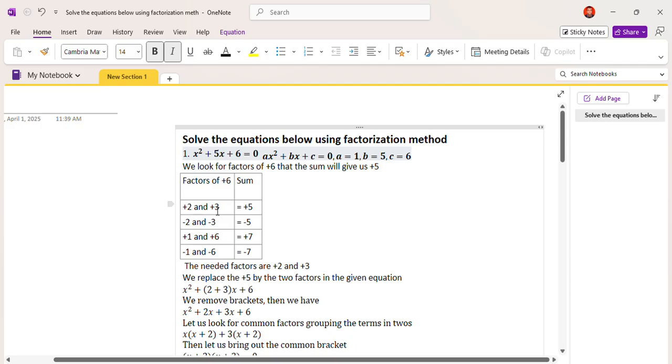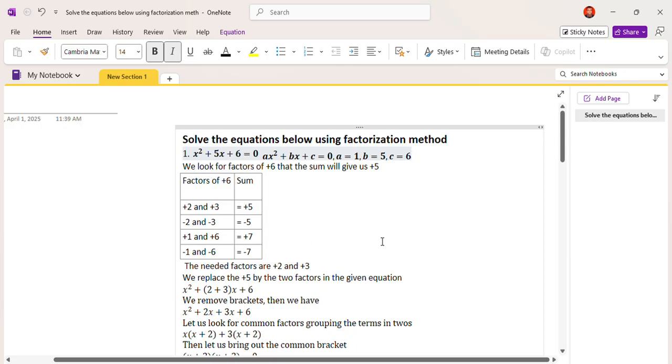We have also plus 1 and plus 6: the product gives us 6, but the sum gives us plus 7. We don't need that. Also minus 1 and minus 6: the product gives us 6, but the sum gives us minus 7. So of all the factors, the needed factors are plus 2 and plus 3.